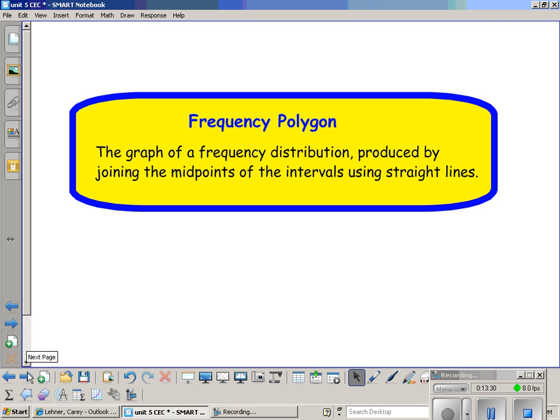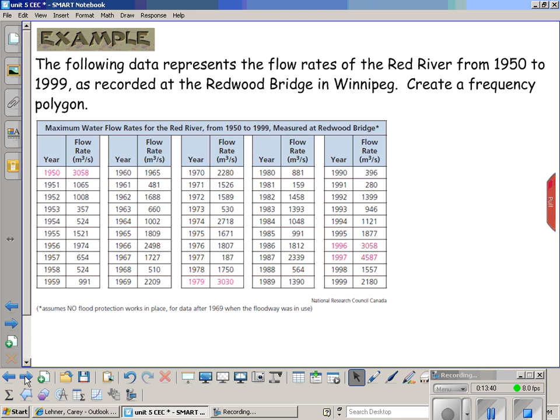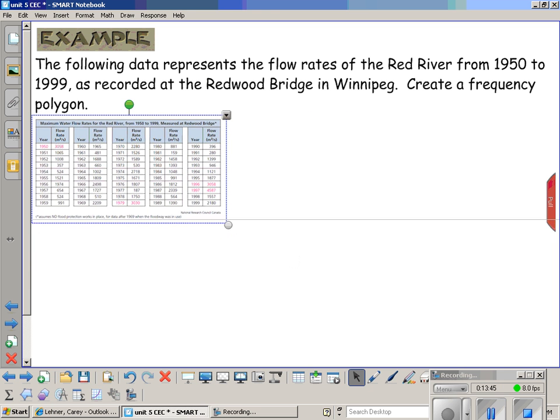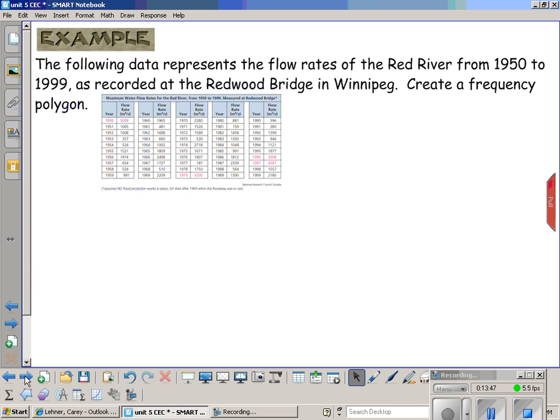A frequency polygon is the graph of a frequency distribution produced by joining the midpoints of the intervals using straight lines. So we're going to use our same example again, and we're going to create a frequency polygon. Now, in order to do this, it is often easiest if you first have created your histogram.